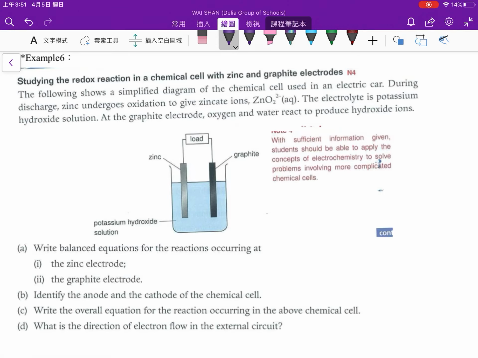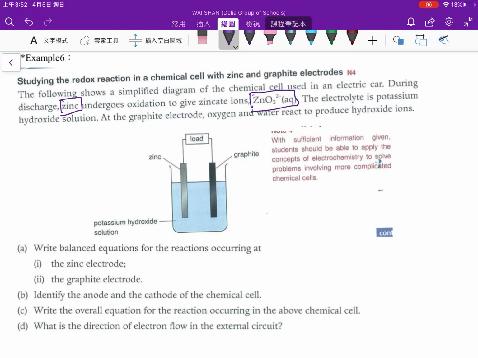Okay, you can take a pause to read the question, but it's also easy because although the chemicals cannot be found in the common oxidizing agent and common reducing agent table, you can read the question carefully. As I said before, if you don't know, other Hong Kong Form 6, Form 5 students wouldn't know either. So read the question carefully, they would give you some hints.